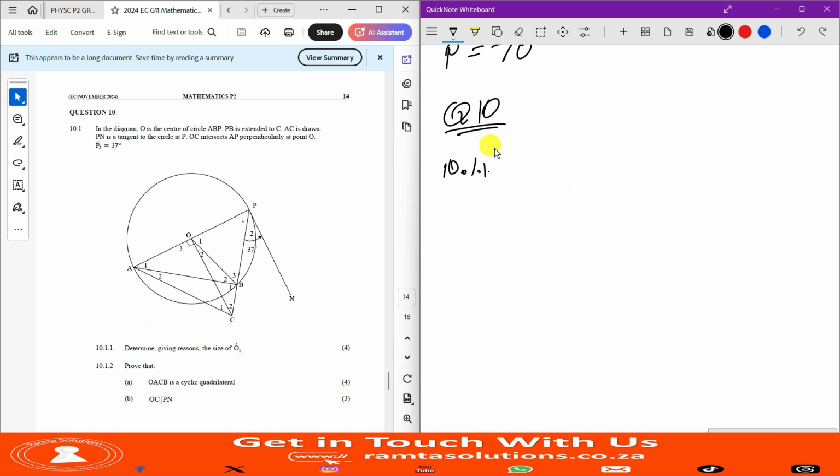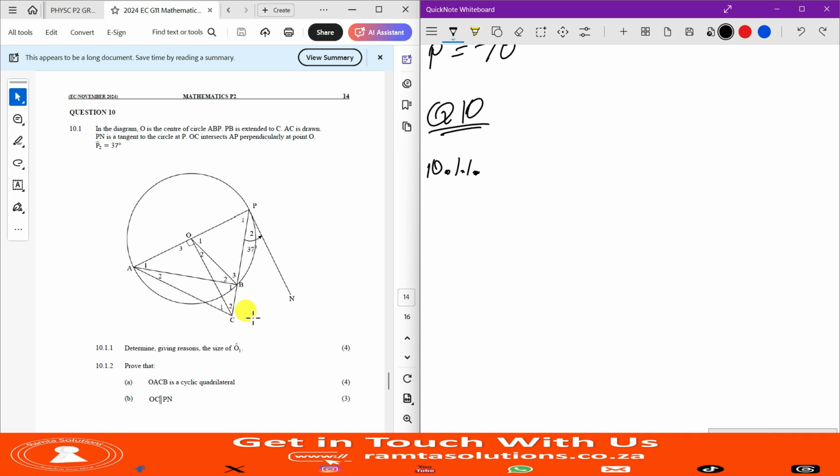10.1.1 says to us, determine, giving reasons, the size of angle O1. Right now, what I know is angle A1.